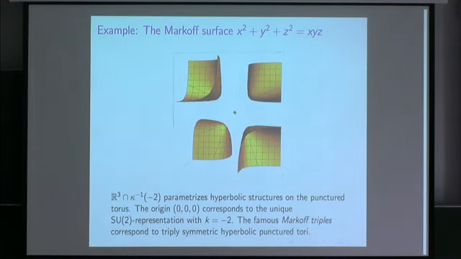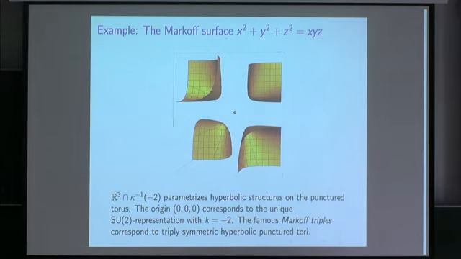One case that's particularly interesting, I'll just very quickly mention this since I'm a bit pressed for time, was the Markov surface corresponding to the Markov triples. These are hyperbolic structures on the punctured torus with triple symmetry. And this is an interesting Diophantine equation, and this led to a conjecture.